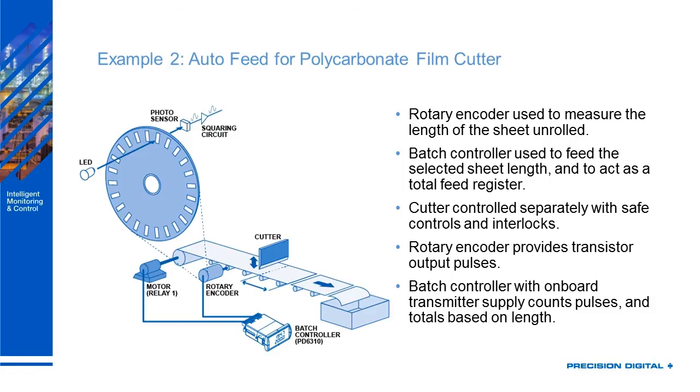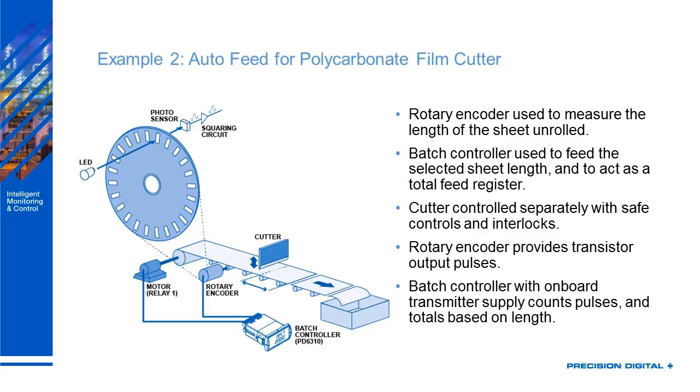In this scenario, I'm using it as part of an auto feed system for a polycarbonate film cutter. And what they're looking to do is use a batch controller to enter my preset length of film I'm trying to cut. And then when I hit the start button on the batch controller, it's going to close my relays that turn on the motor. It's going to feed that film down the line.